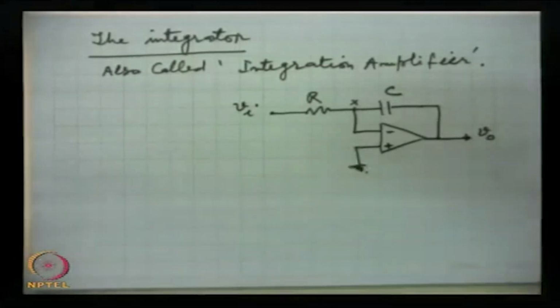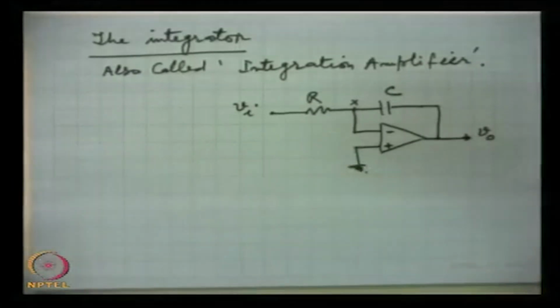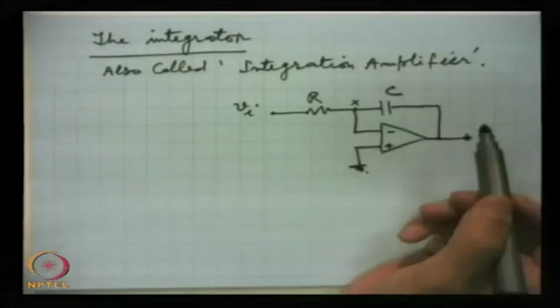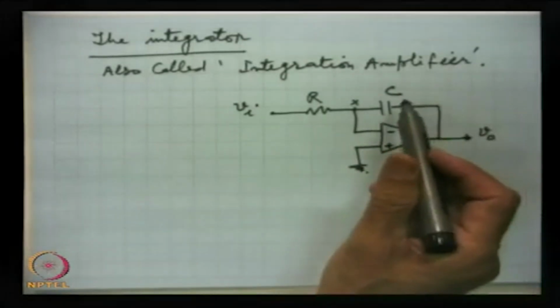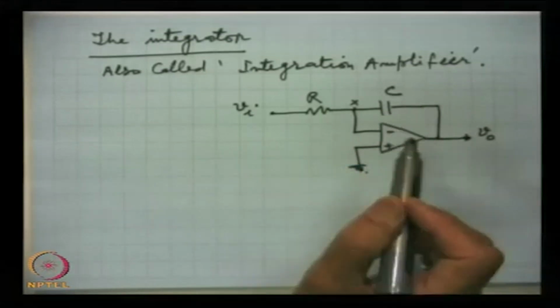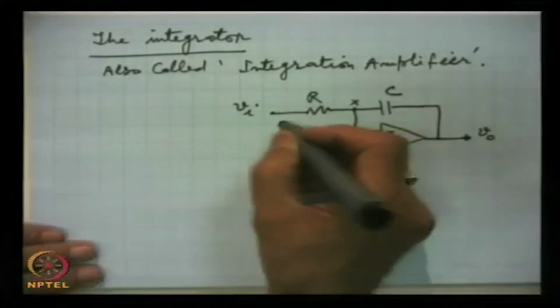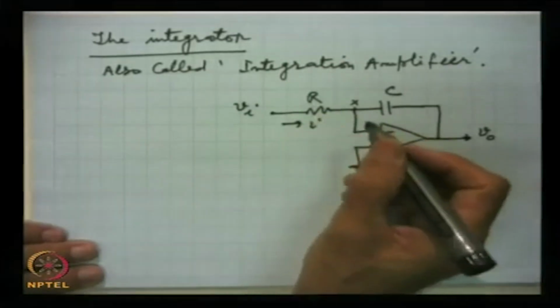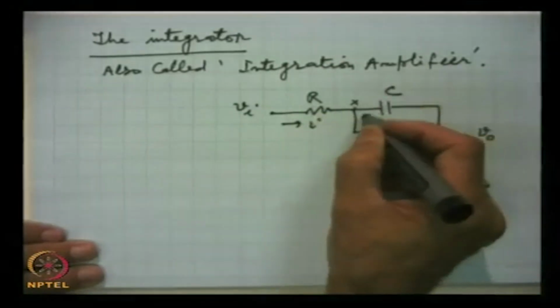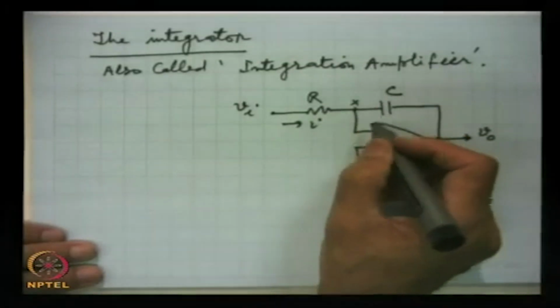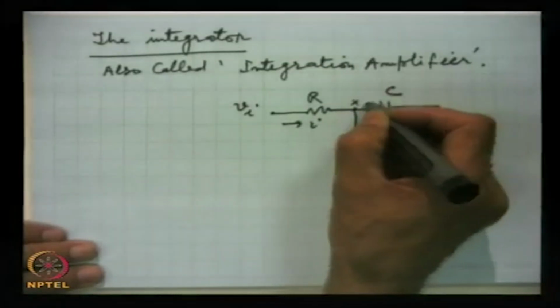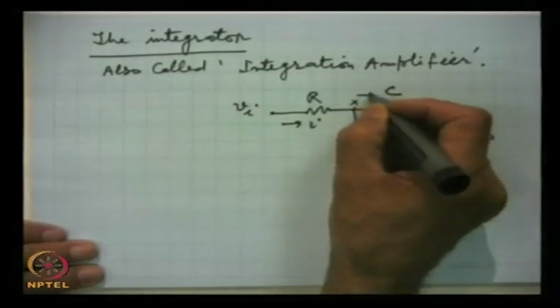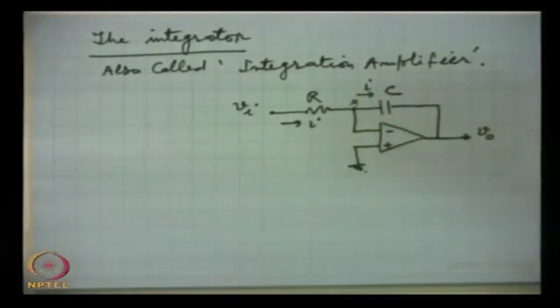This is the circuit. Rf has been replaced by the capacitor C, and here this is the current I which will be flowing, and here also because this current we will be taking as 0. So, the same current will flow here in the capacitor.